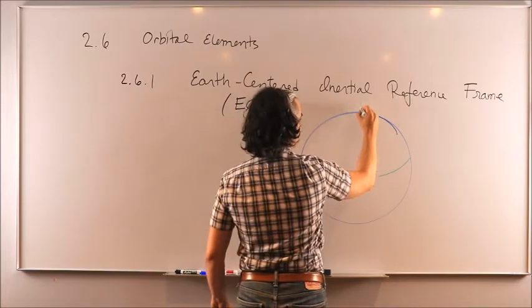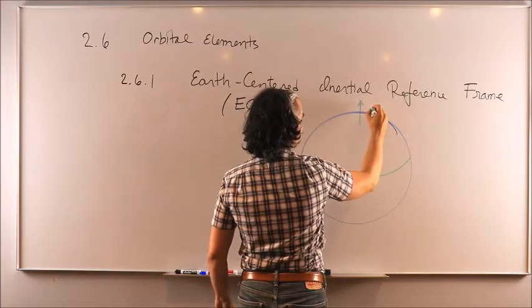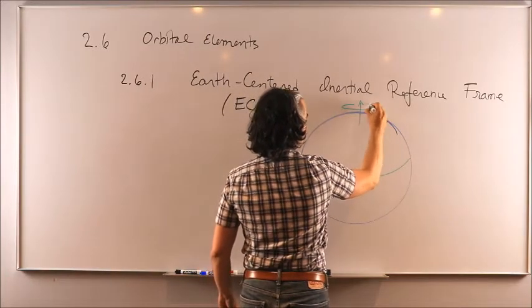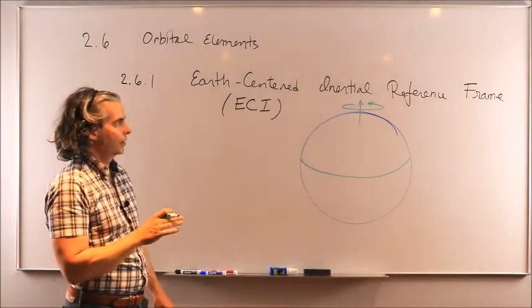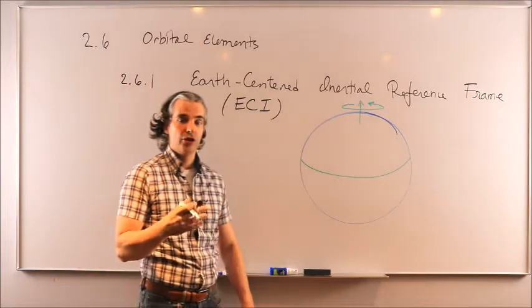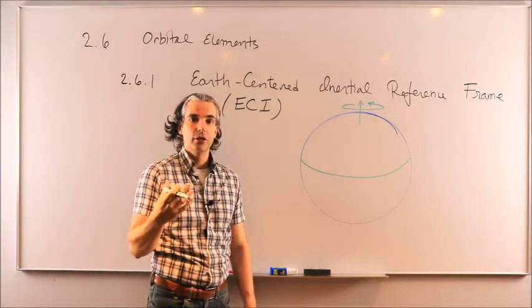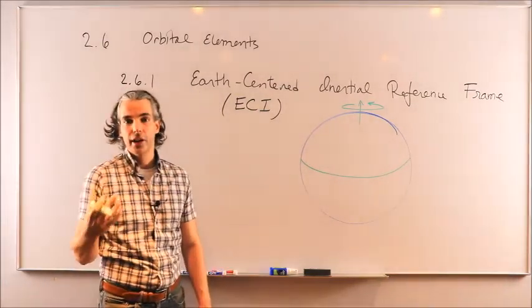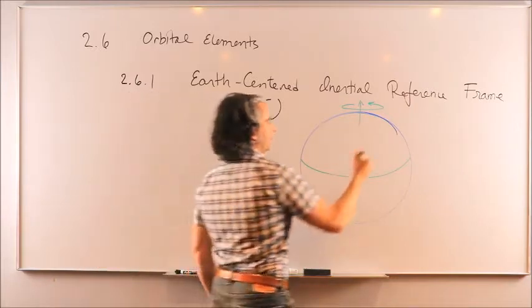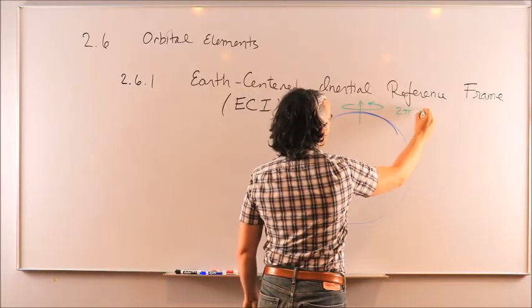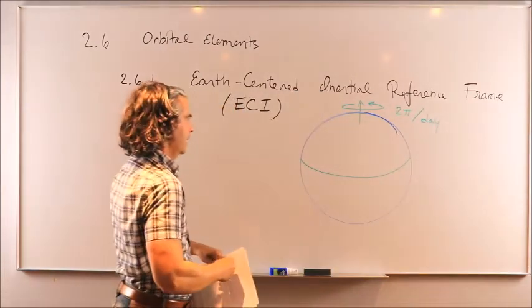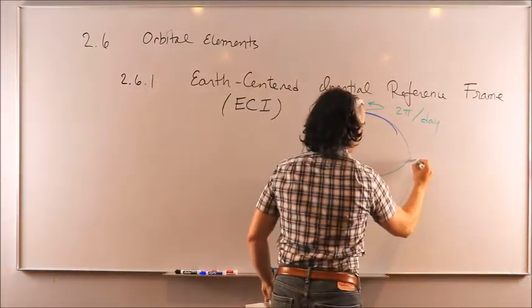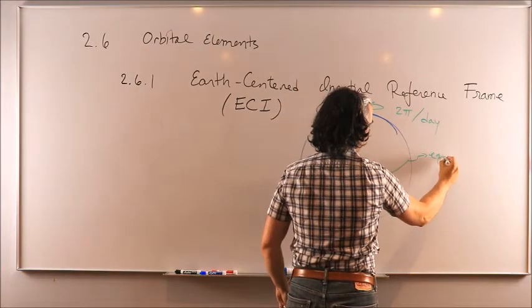The Earth also has a polar spin axis, which is the axis of rotation of the Earth, which means that this is the axis about which the Earth spins at a rate of 2 pi per day. Okay, 2 pi per day.